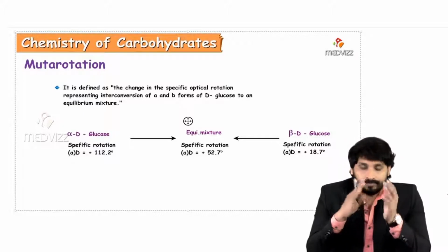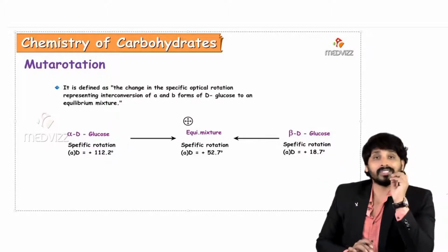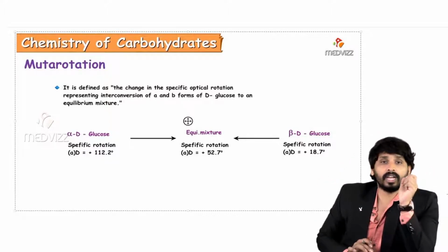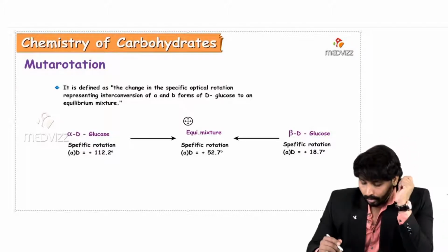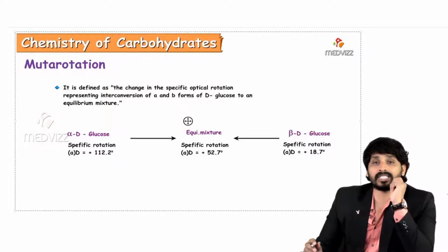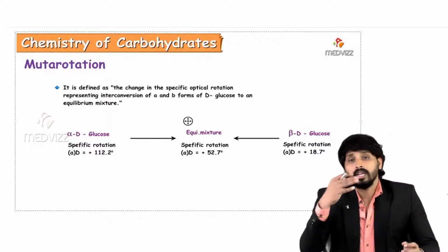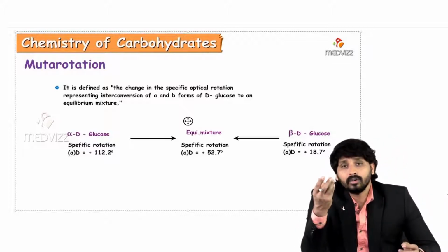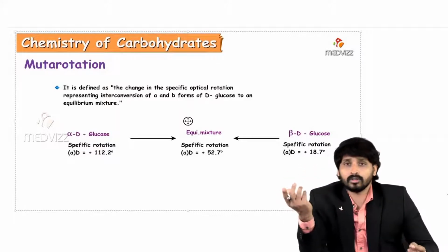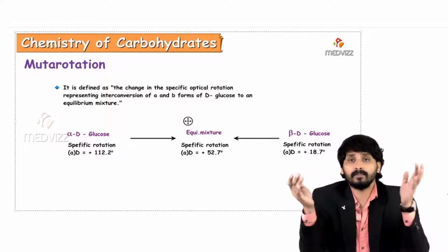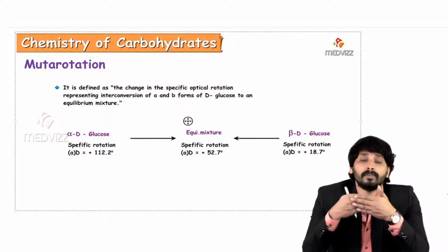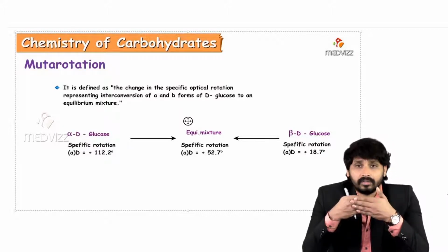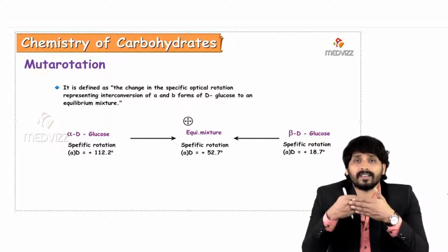Alpha D glucose has a specific rotation of plus 112.2 degrees, and beta D glucose has a specific rotation of 18.7. If I take alpha D glucose or beta D glucose, they both reach an equilibrium mixture at a particular rotation, that is 52.7.